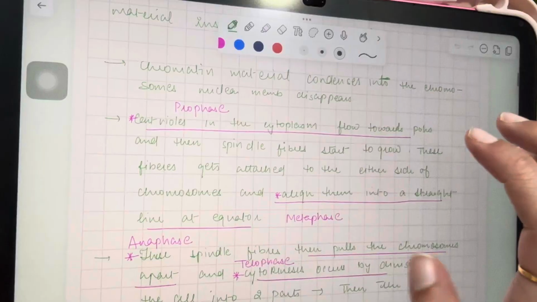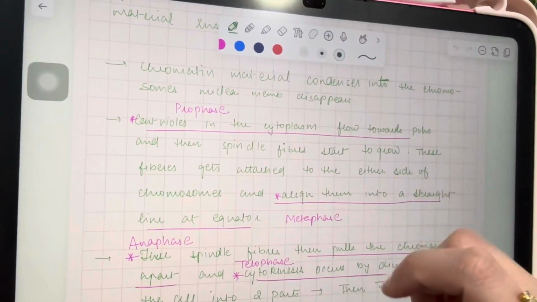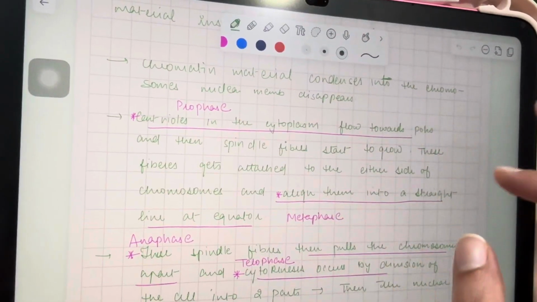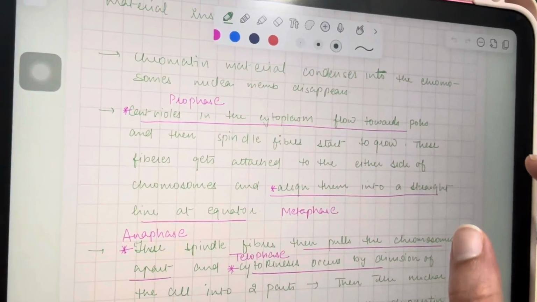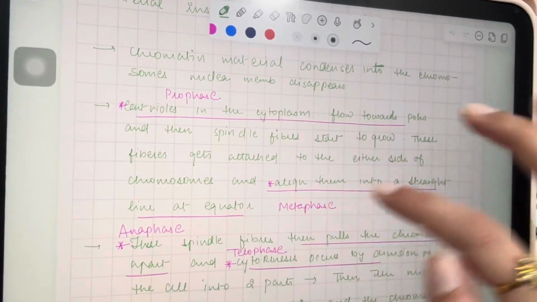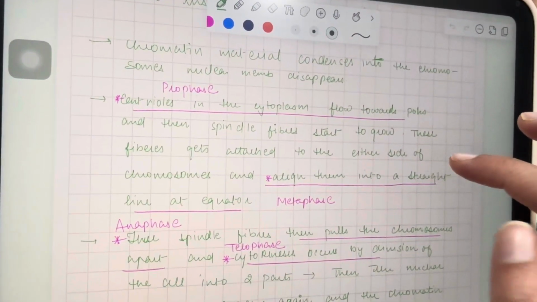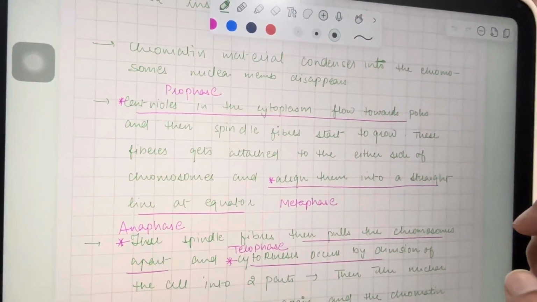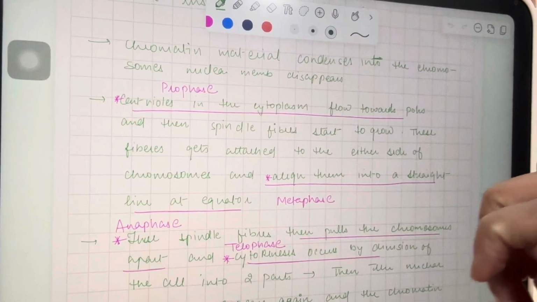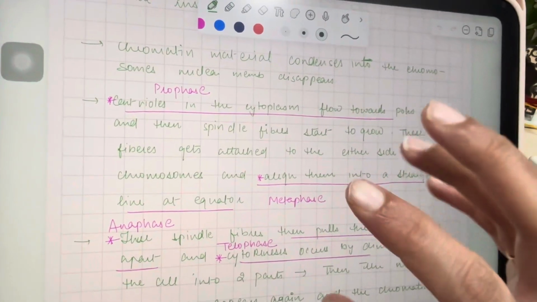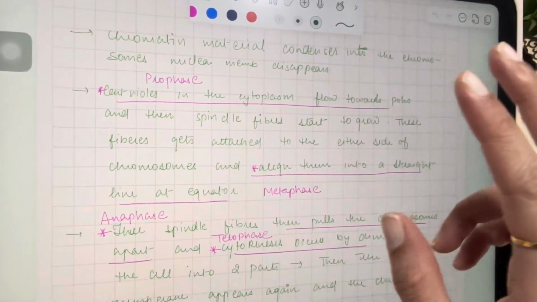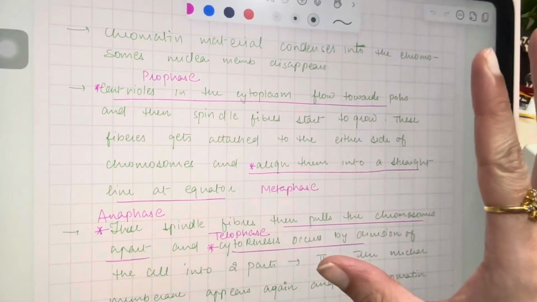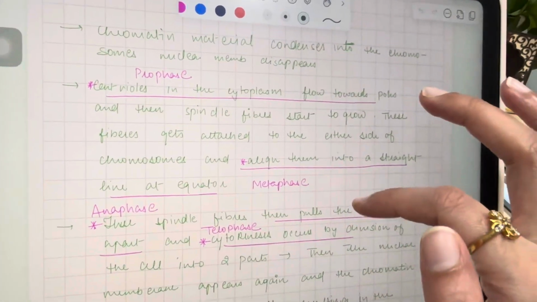Then spindle fibers catch these chromosomes and make them align into the center of the cell, which is the equator. Then these spindle fibers pull them apart and divide them into two parts. Then as they are pulled apart, they go to both the poles.